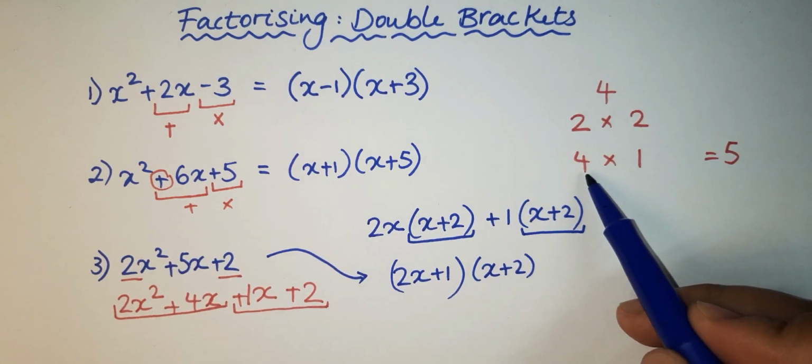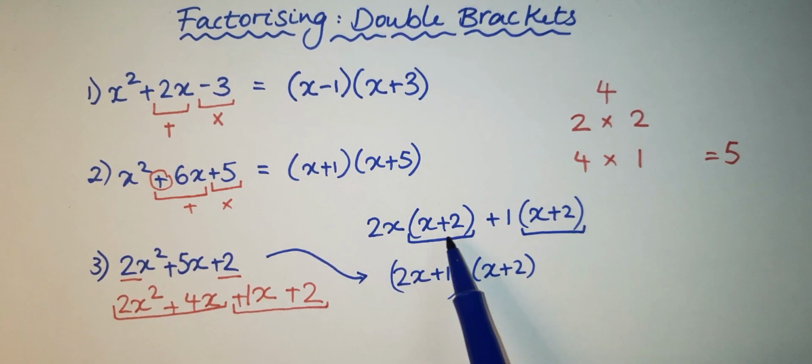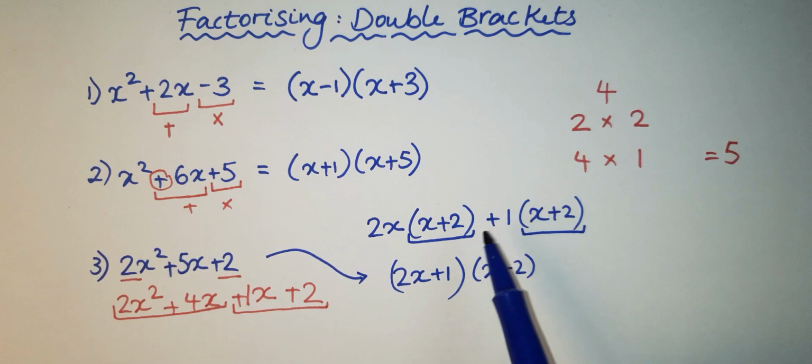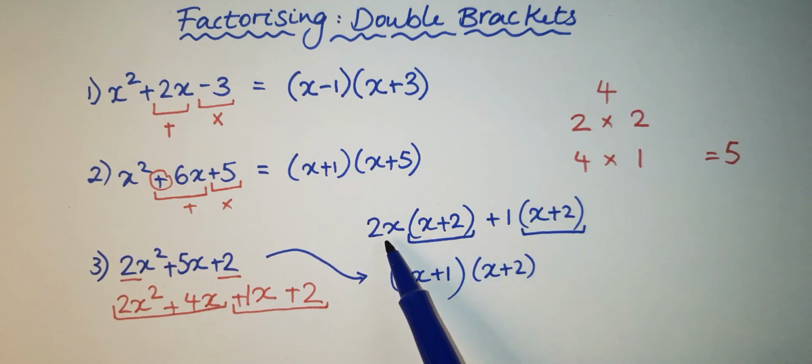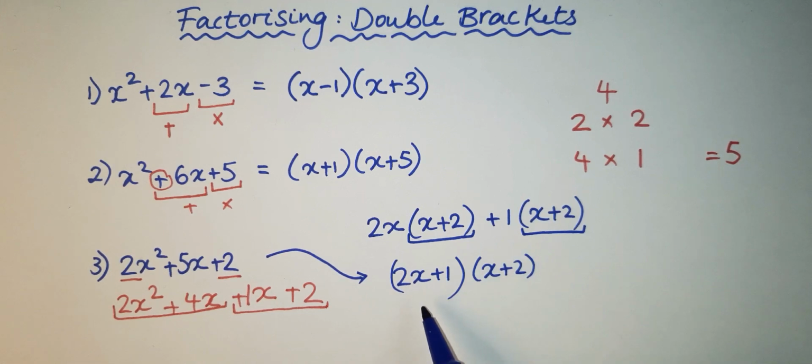So we found it to be 4 times 1. So we rewrite this whole thing as 2x squared plus 4x plus 1x plus 2, and we factorize them separately to give us 2x, x plus 2, plus 1, x plus 2. And we see that two of the brackets are exactly the same, so we take that as one bracket, and we bring the other two parts into the second bracket.